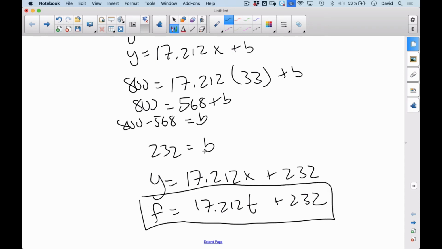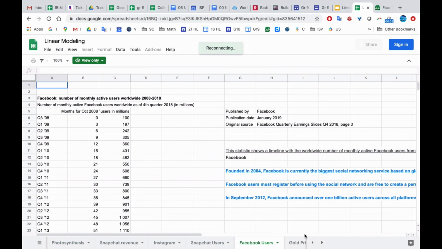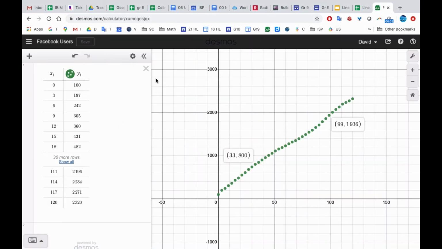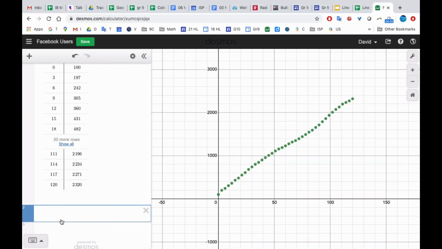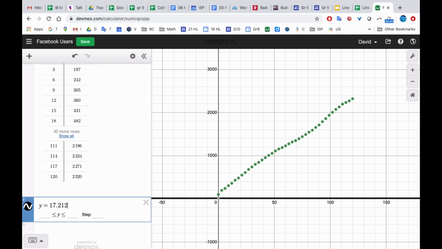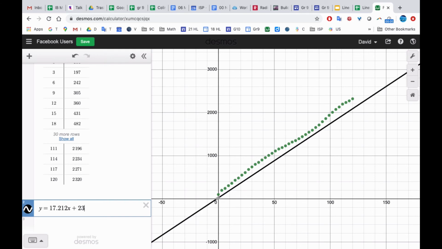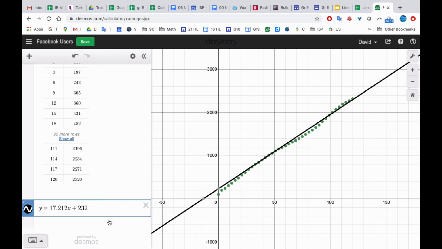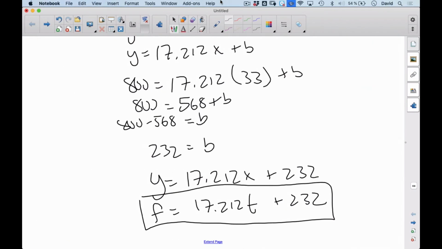I'm going to put that into Desmos. See if I can remember what I wrote. Y equals 17.212 x plus 232. And it goes nicely through my line. So there's my initial guess for my best fit line.